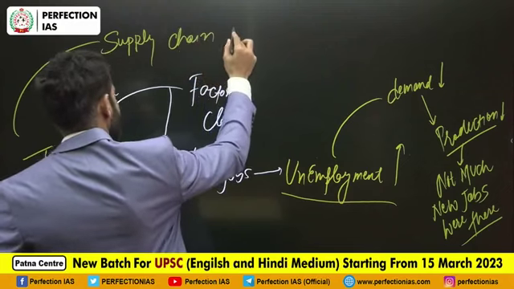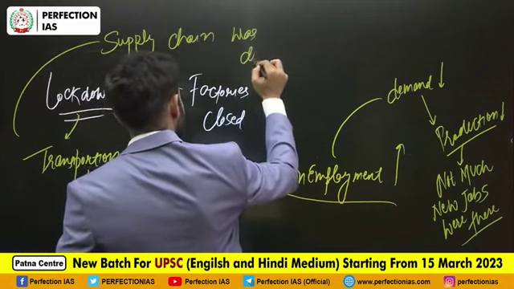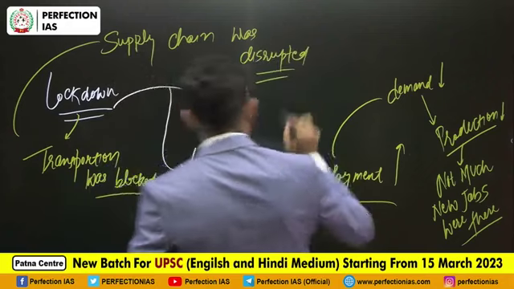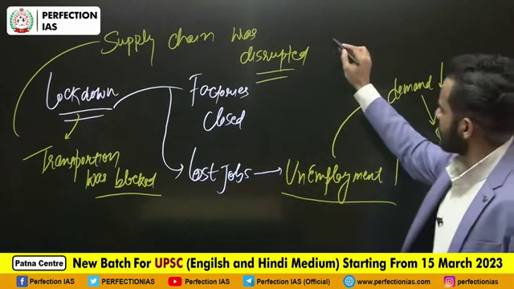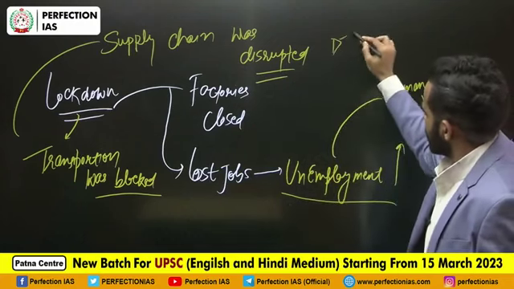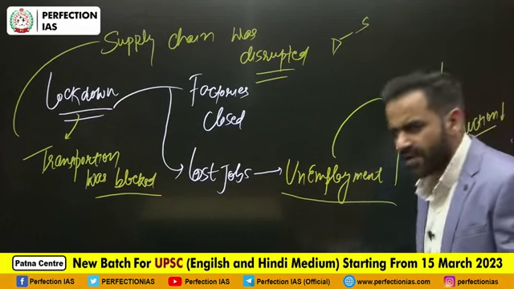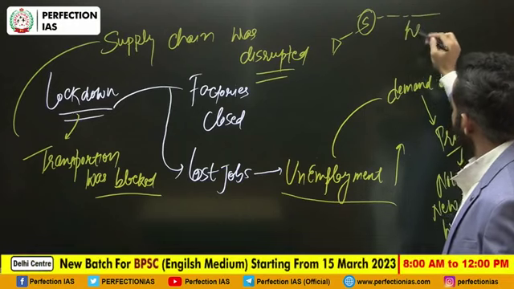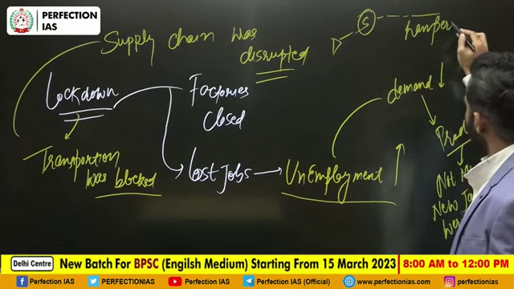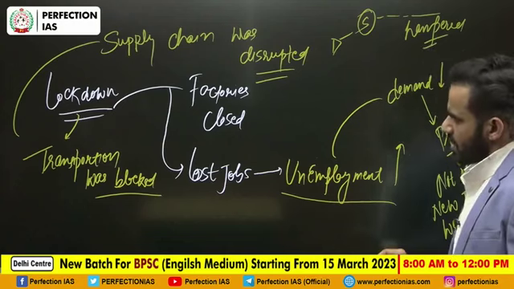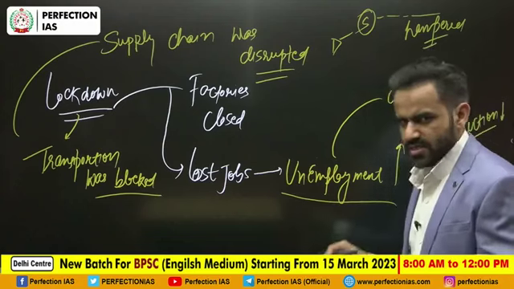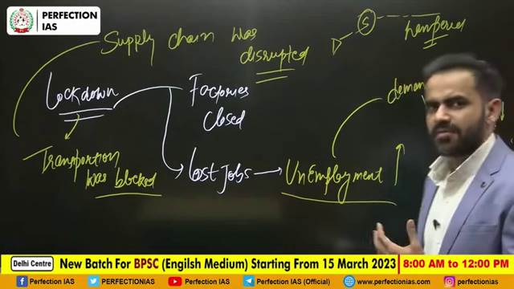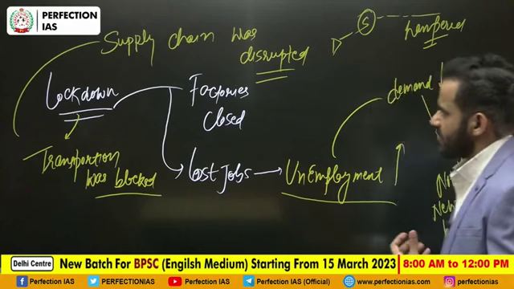Since the supply chain was disrupted, whatever demand was there was not being fulfilled by the supply. Why so? Because supply was hampered due to lockdown. That means the transportation sector was facing problems. Therefore, supply was very limited, and that is why there was inflation.